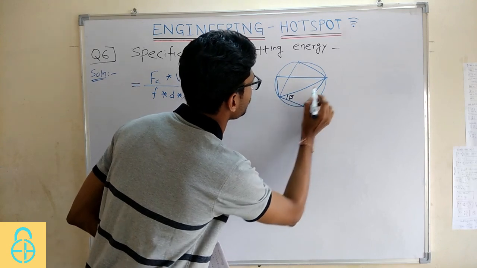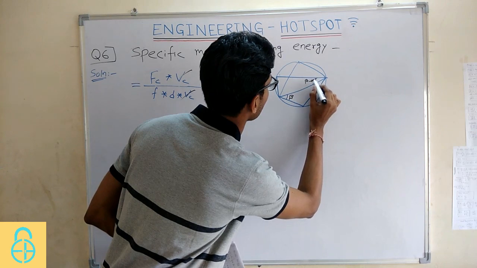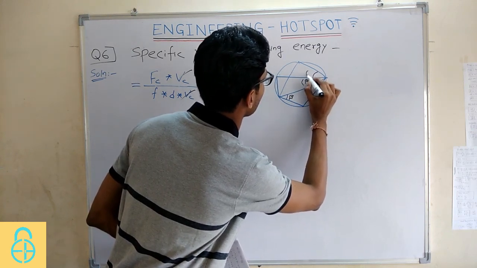This angle is beta. This angle will be beta minus alpha. This angle will be phi.